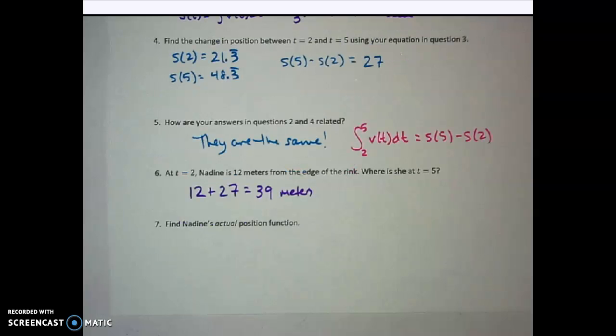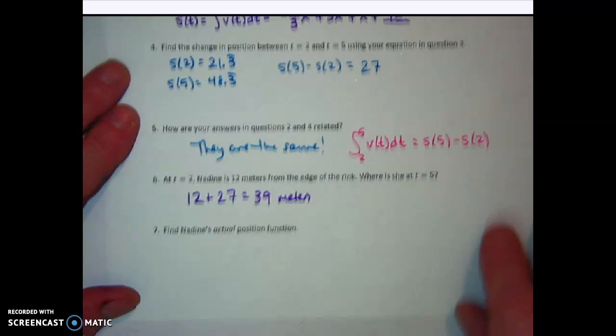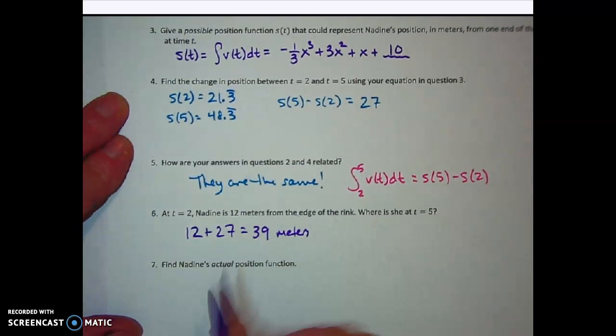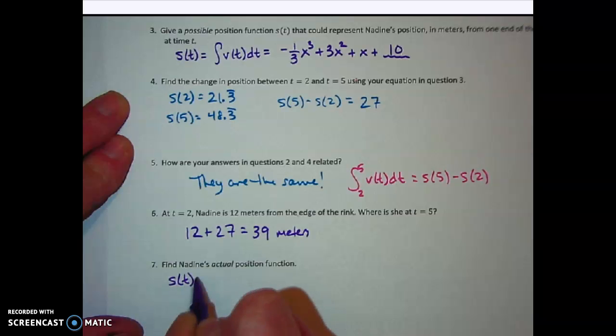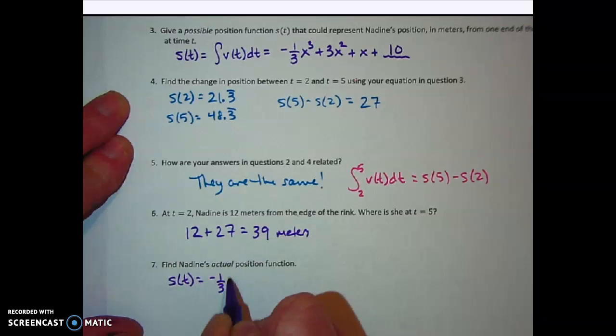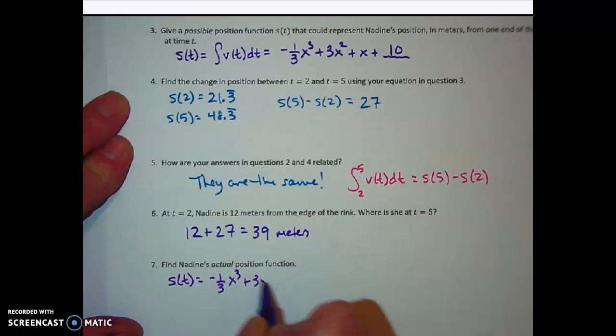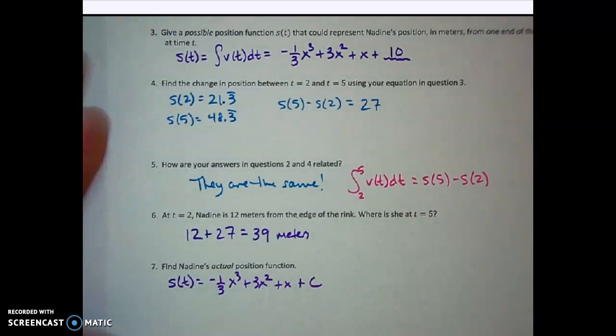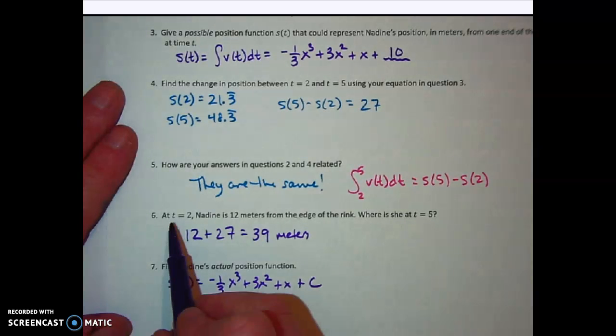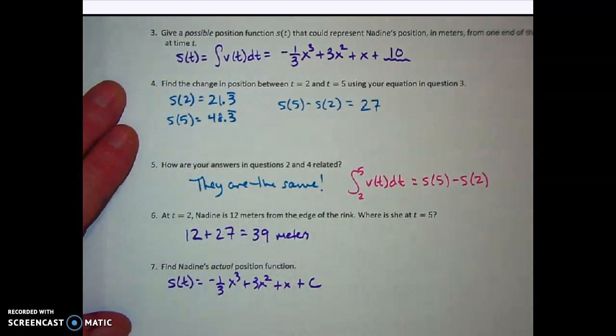Now we need to find Nadine's actual position. Well, if I remember from up here, I found that s of t was negative 1/3 x cubed plus 3x squared plus x plus c, right? I just put that 10 in there just because that's what I wanted to do, but we actually don't know what it is. But we're given this information. At t equals 2, Nadine is 12 meters from the edge.